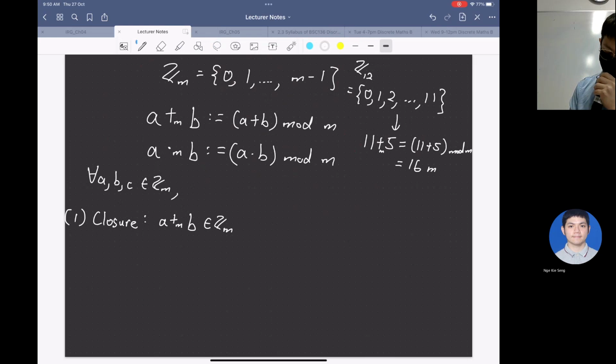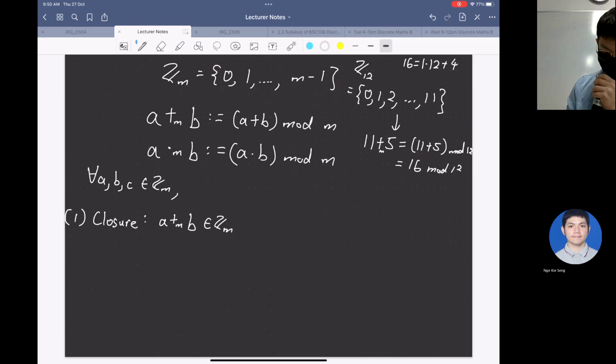So 16 mod m. You see, 16 is not in the set, but I take mod m. What does mod m mean? By the division algorithm, my m is 12 in this case, so 16 is equal to 1 times 12 plus 4.